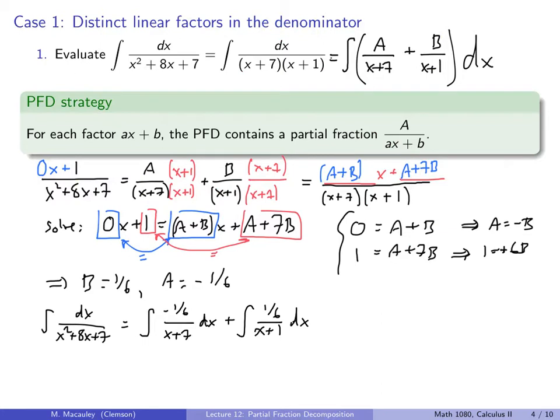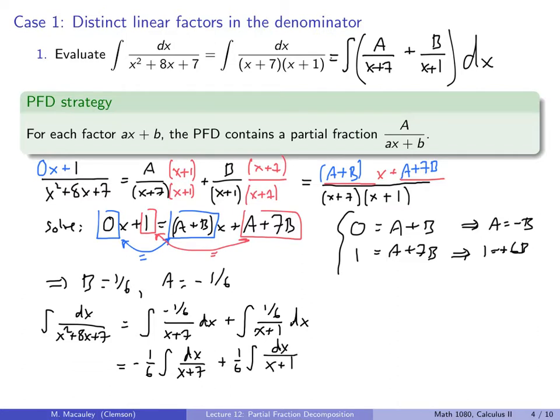If I wanted to, I could pull out the constants. So negative 1/6 integral of dx over x plus 7 plus positive 1/6 integral of dx over x plus 1.